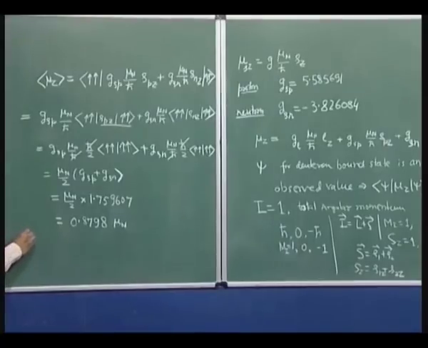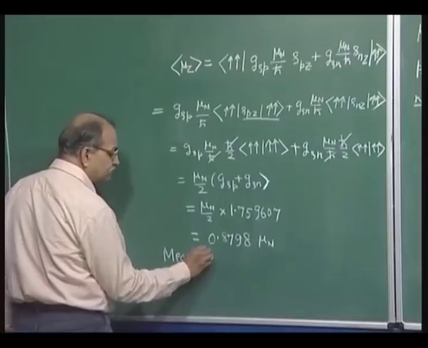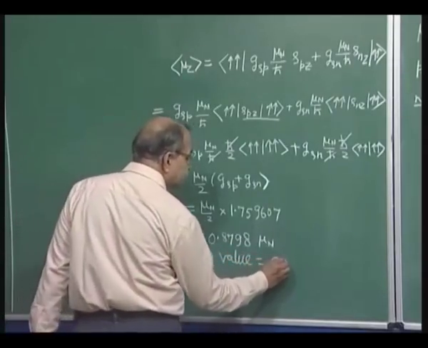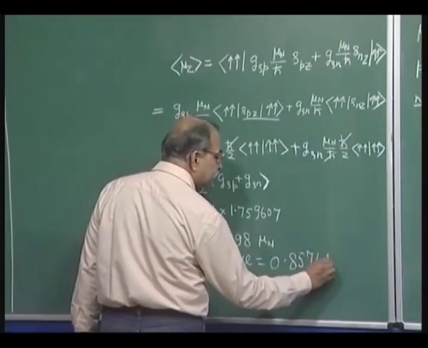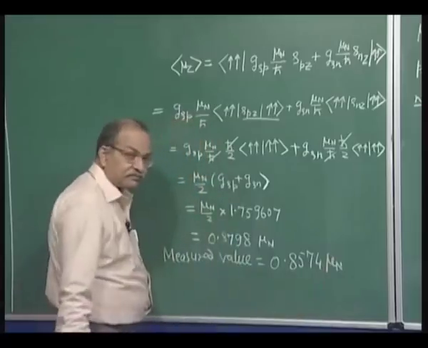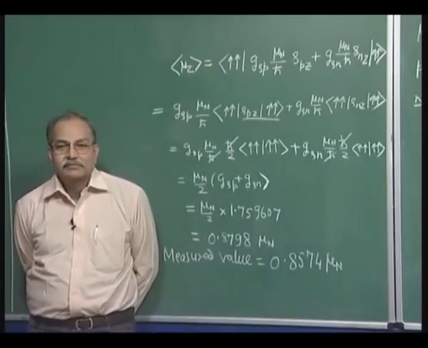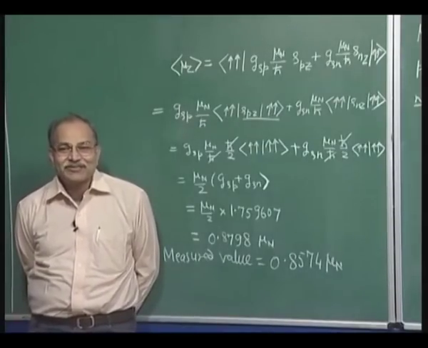Now, the measured value, experimental value, is 0.8574 mu N. Right. So, the agreement is there, but not very good.